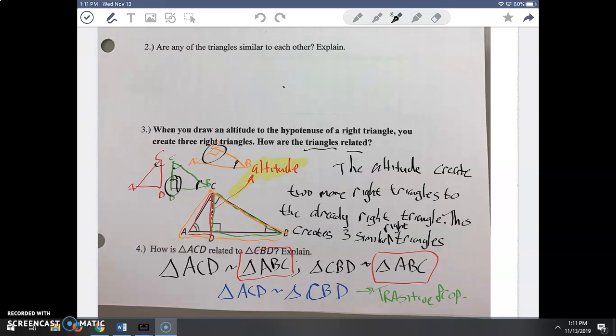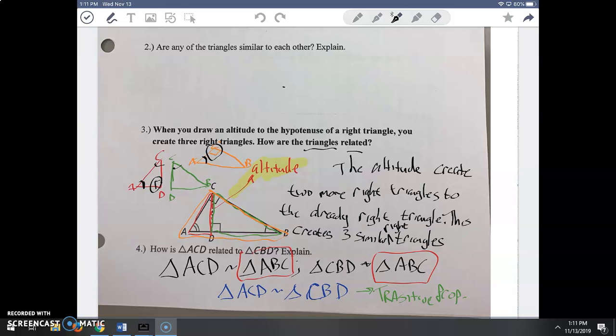Now if we look at the red one and the orange one, angle A is the same as angle A here, and both have a right angle. Therefore, they're going to be similar.